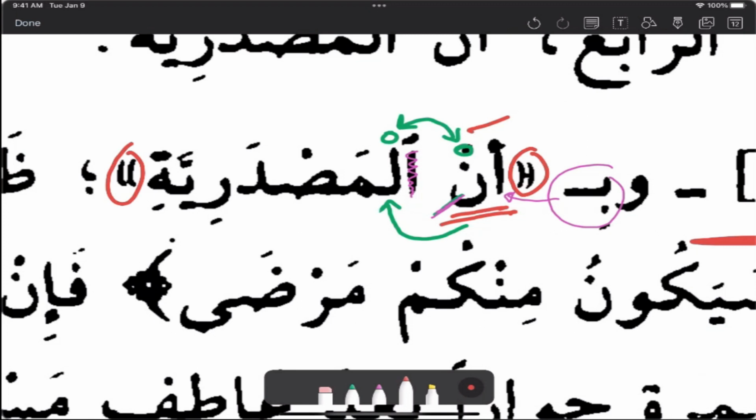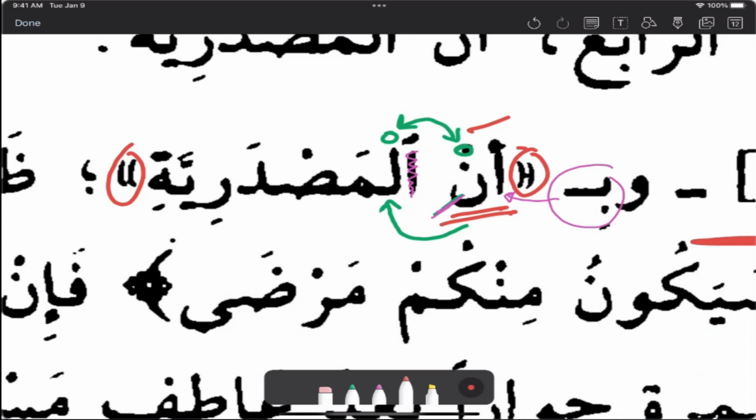So he has a choice, either to include the ba inside the parentheses or put it outside. But if he puts it outside, he's going to have to break it off of the whole word there. So the real proper way to write this, according to regular Arabic, is wa bi anil masdariyah, like that. That's correct.